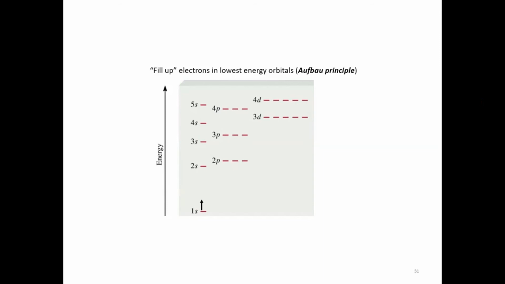I could put it spin down. The idea is that as we add more electrons, we're going to be putting them, starting with the lower energy levels and moving on towards the higher energy levels. Oops, sorry about that. That didn't look very good. Let me erase that. Okay, let's go back here.